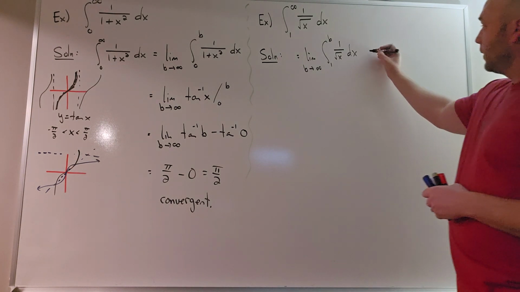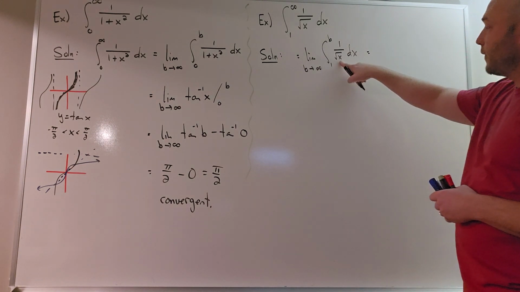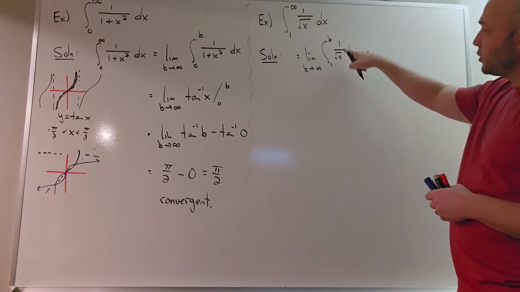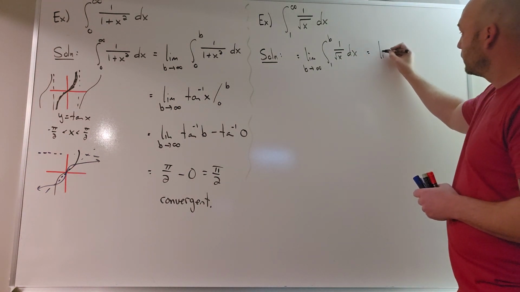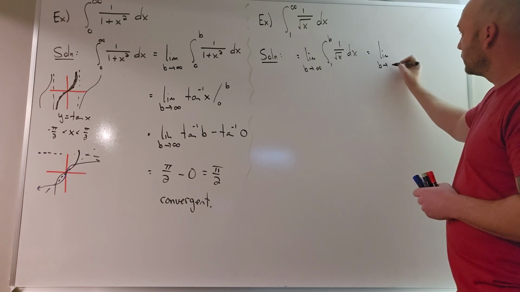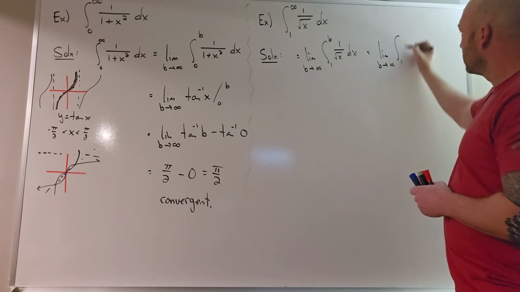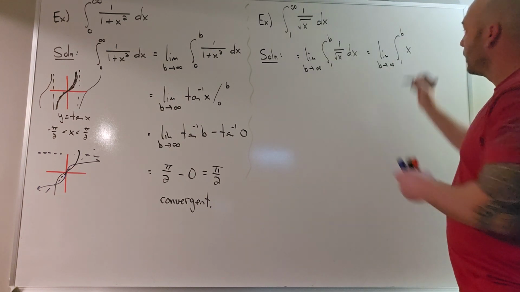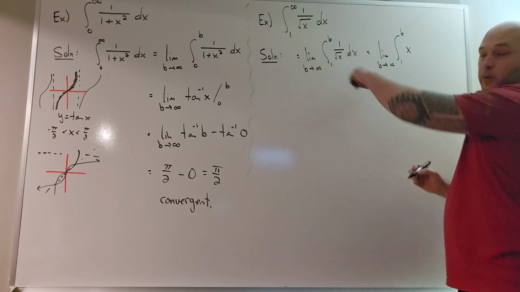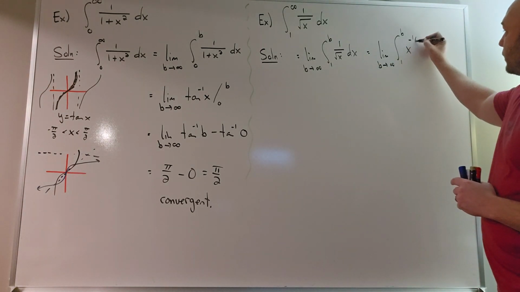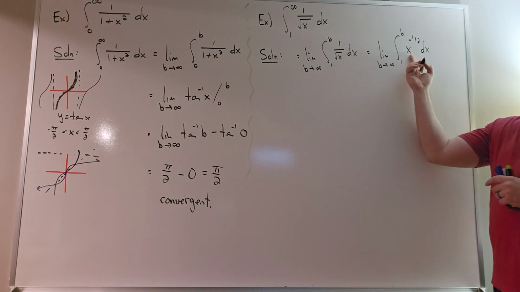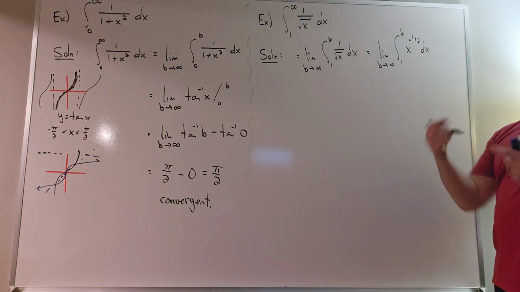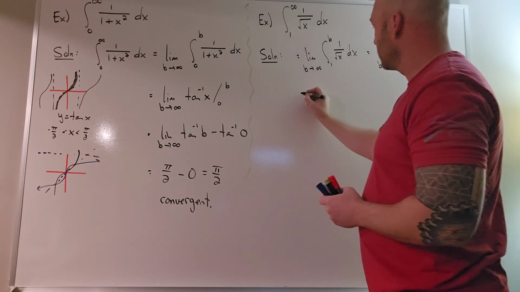When I want to find an antiderivative of this, it's useful to rewrite it as x to a power. One divided by the square root of x would be x to the negative 1/2 dx. For the antiderivative, add 1 to the exponent and divide by the increased exponent.